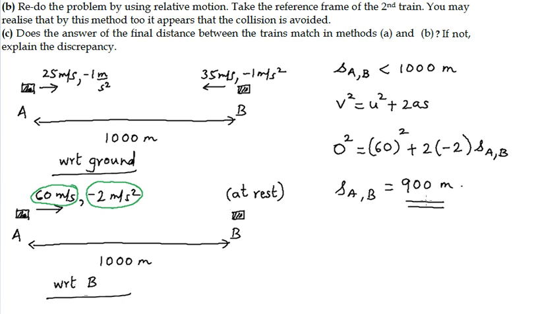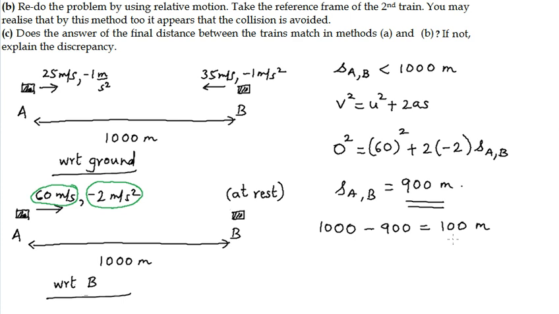However, the final distance between train A and B using this method would be the initial distance, which is 1000 meters, minus the displacement of train A in the rightward direction, which is 900 meters, and that would leave a distance of 100 meters between A and B. In short, by this method, it appears that we have concluded that the trains A and B will not collide.